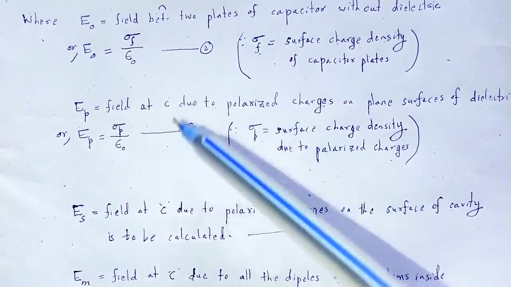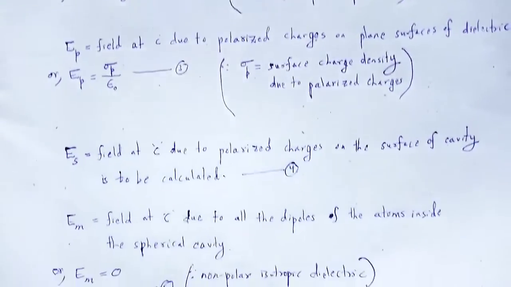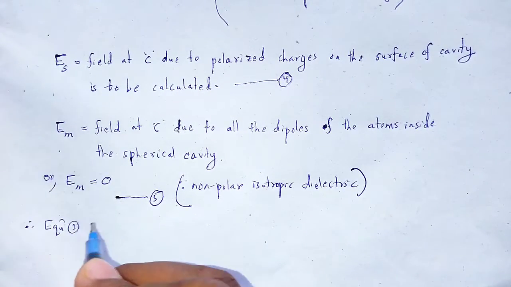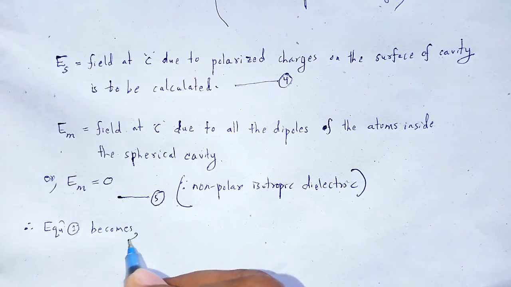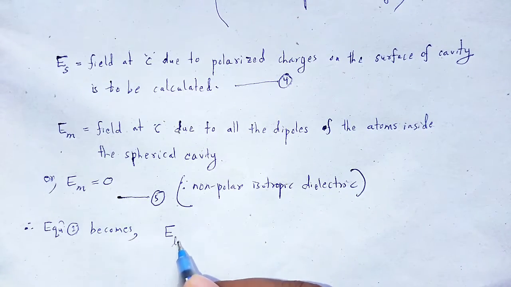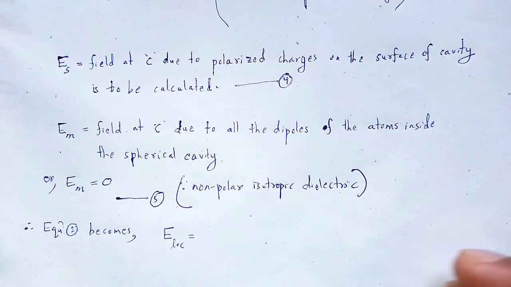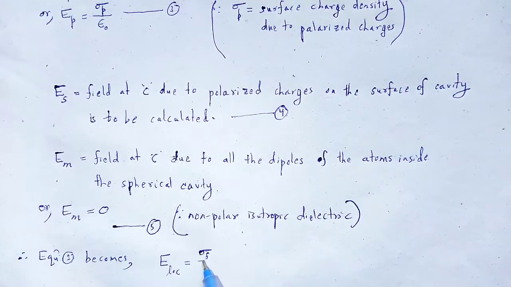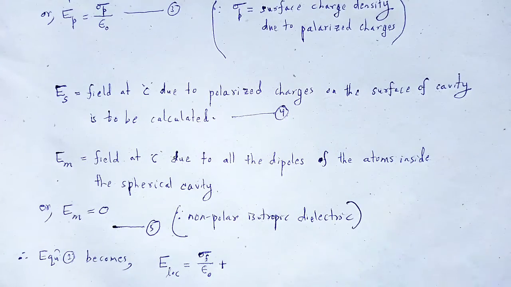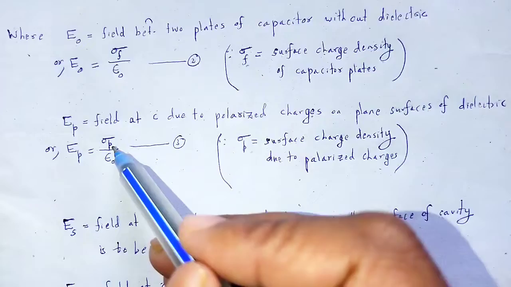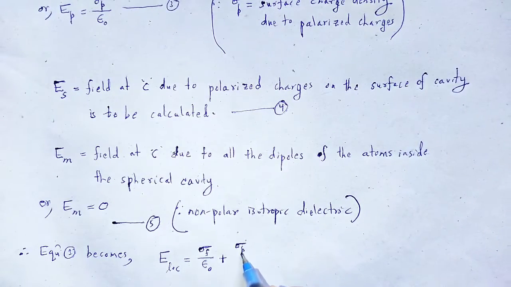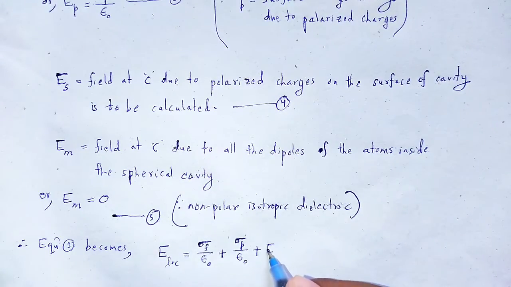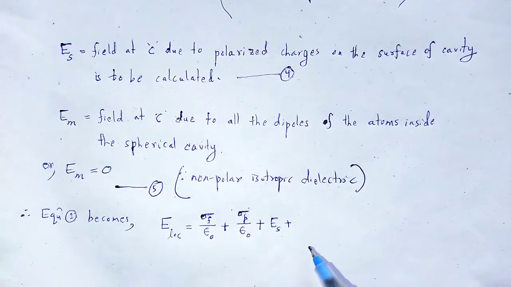We put these values in equation number 1. Therefore, equation 1 becomes E local is equal to E naught, sigma f by epsilon naught, plus E p, sigma p by epsilon naught, plus ES, that value is to be calculated, plus EM, 0.